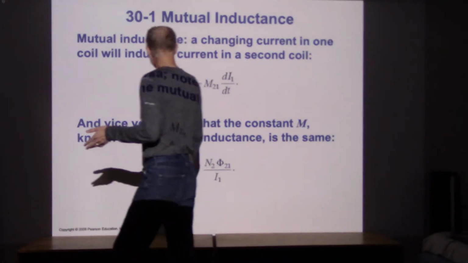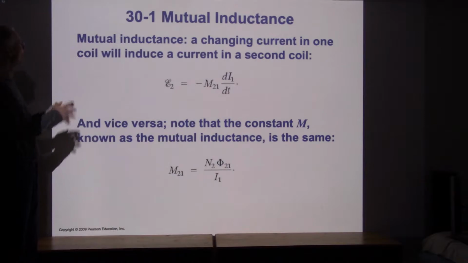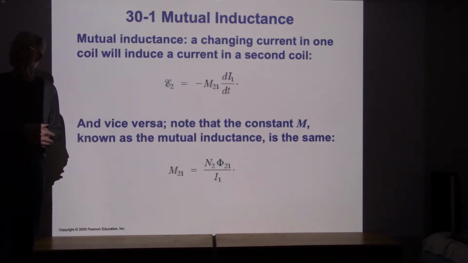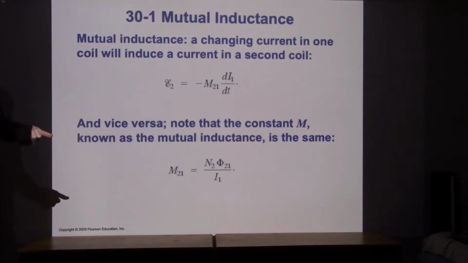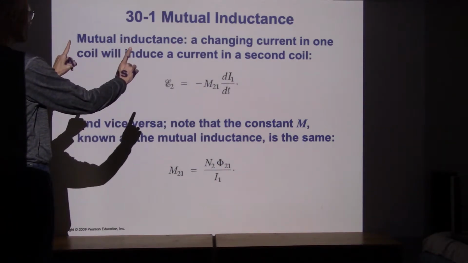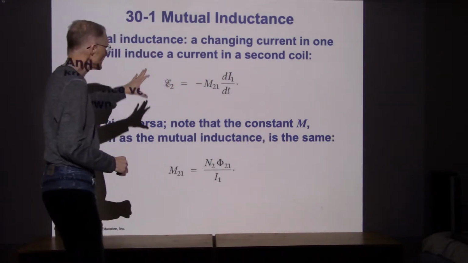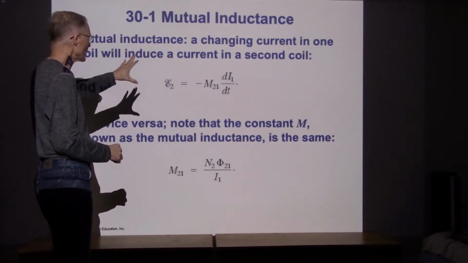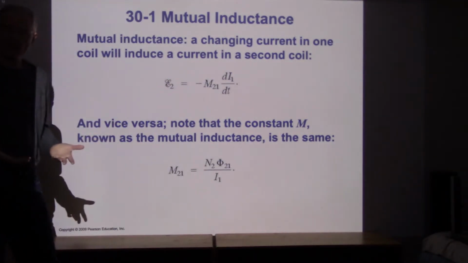So mutual inductance. You guys remember the transformer, right? These mutual inductance properties are related to transformers. What we've got is 2 distinct sets of wires, and if the current is oscillating in one set of wires, then the other set of wires will experience an EMF.